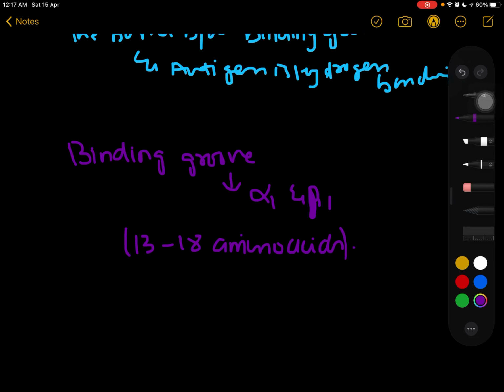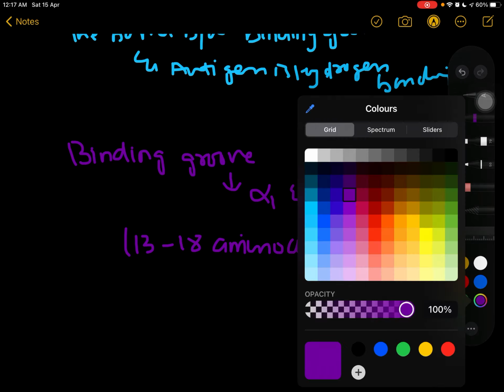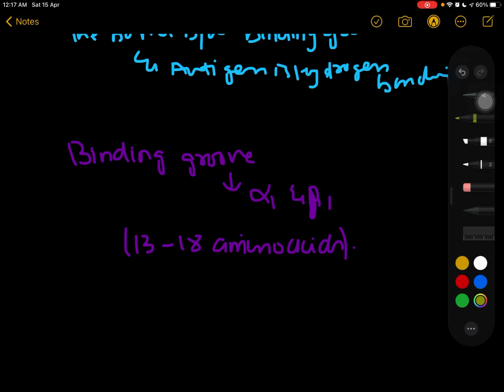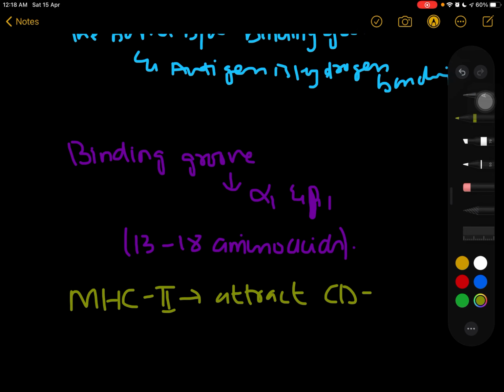And this MHC Class 2, as we have discussed in my previous video as well, basically attracts CD4 cells. Like we have CD4, and suppressor and cytotoxic cells are included in CD8.